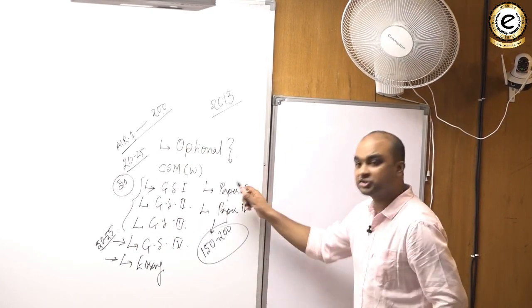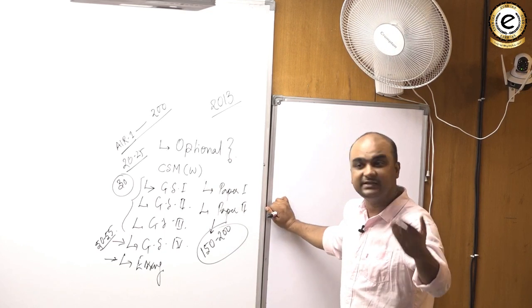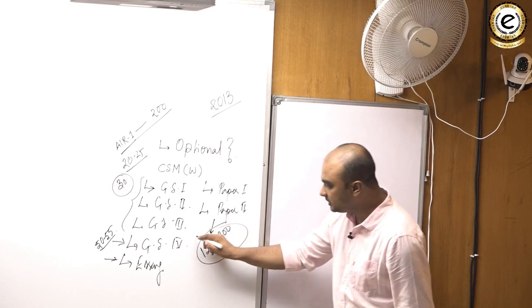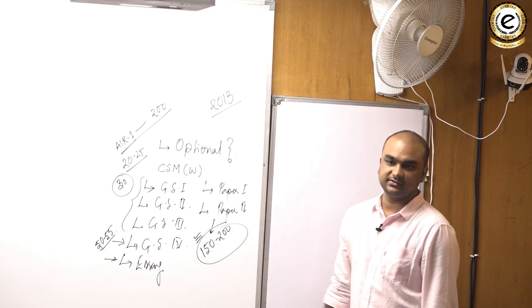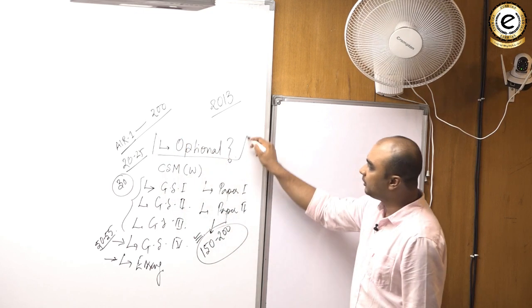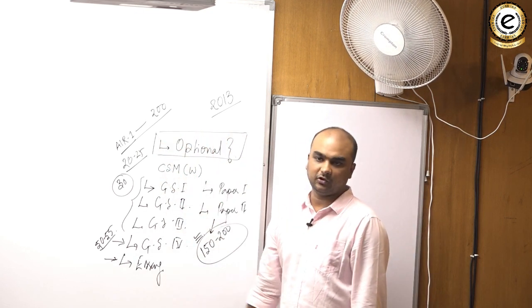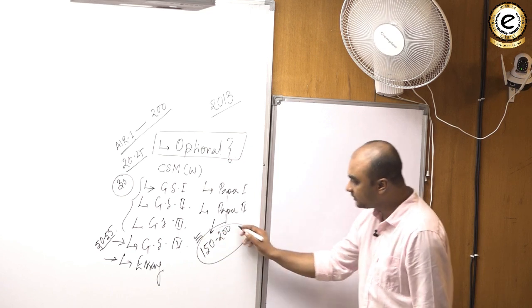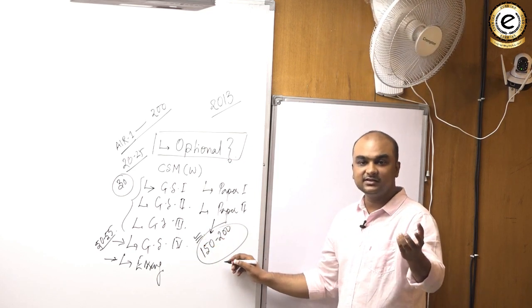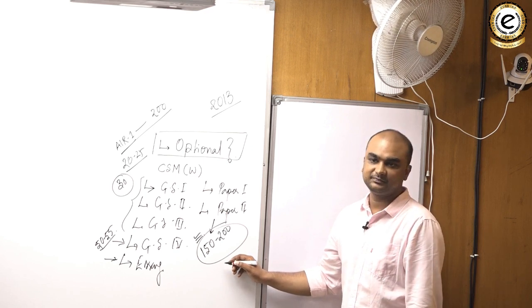Also, it puts you at a relatively disadvantageous position. Isn't that so? And that's why choosing optional becomes very, very critical. So everyone is therefore talking about which optional to go for. Why? Because of the weightage that optional has in the overall results.